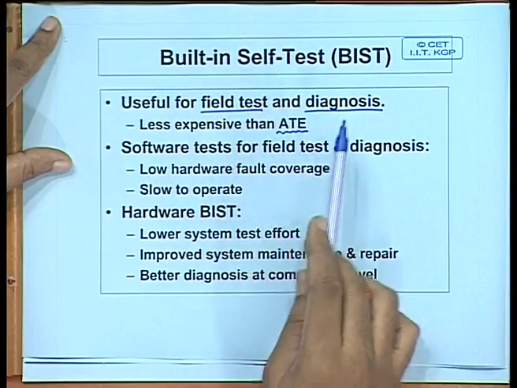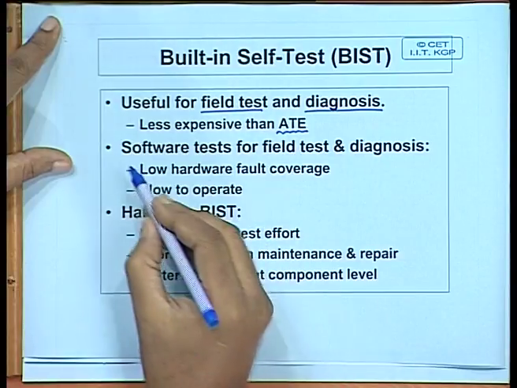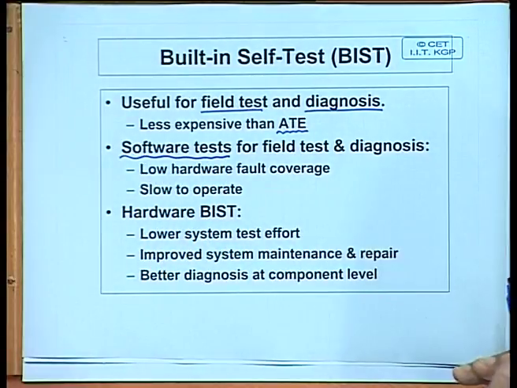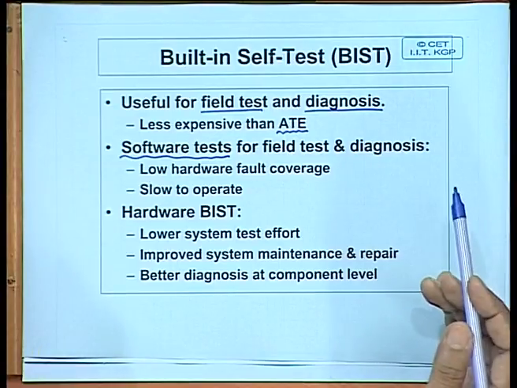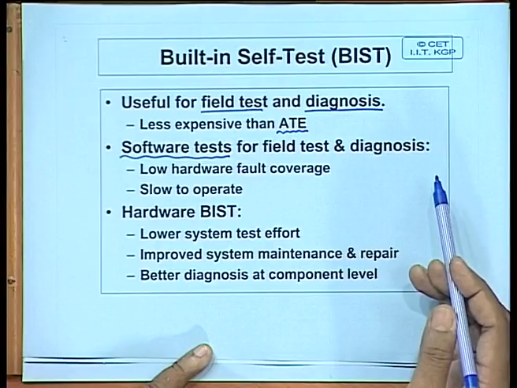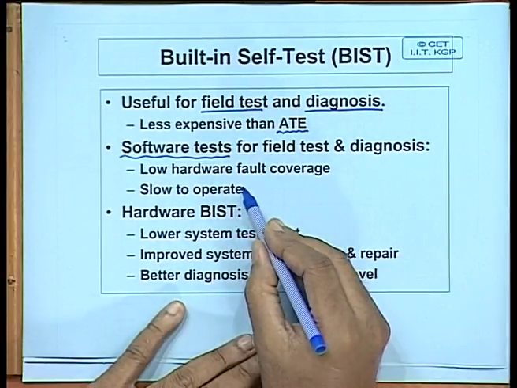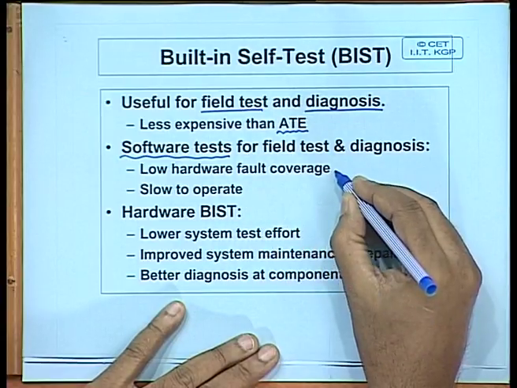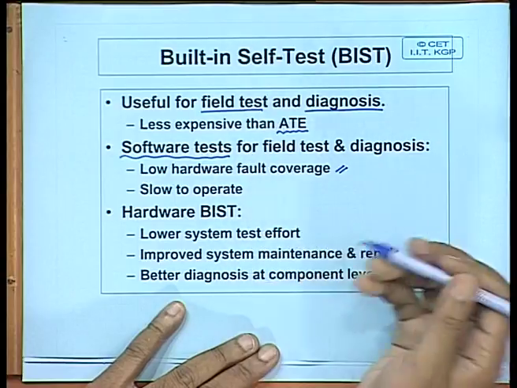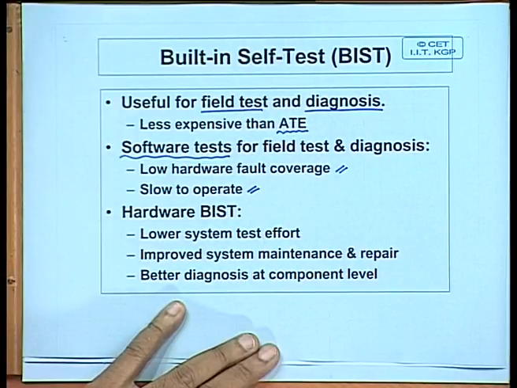Talking about field test and diagnosis, earlier many people used some kind of software tests or diagnostics to test which modules or subsystems were working correctly or had failed. But the problem with software tests is that the hardware fault coverage is not that high, and since these are software programs running, they are relatively slow to operate.